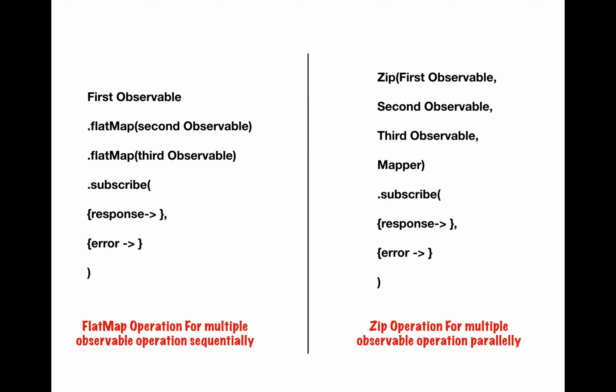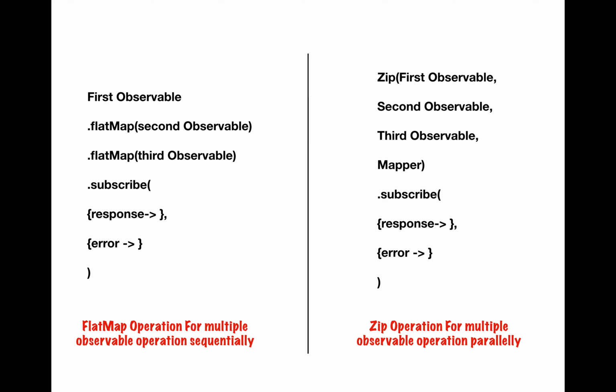Now if you draw an analogy from these observables to the API calls that we are going to make, we have to make sure that each API call gives us an observable emission. So treat one observable as an API call. When we write our flatmap operation to hit multiple APIs sequentially, we have to make sure that the first observable is the first API call.